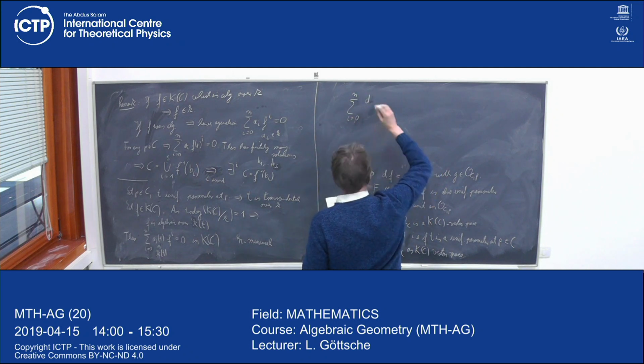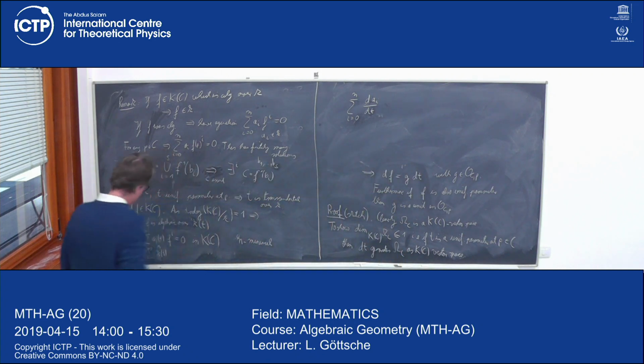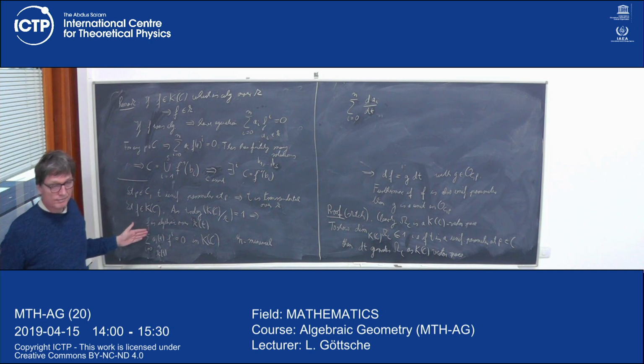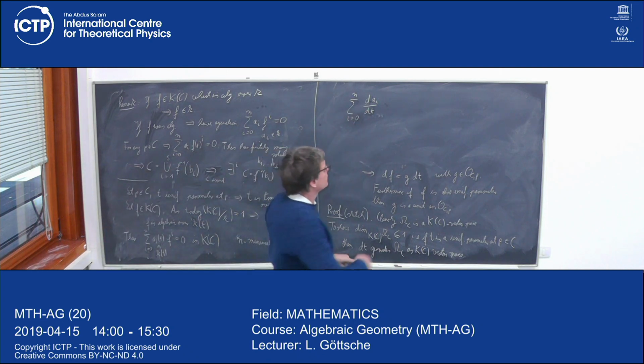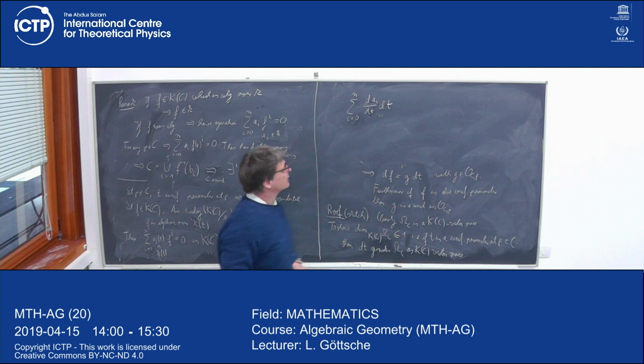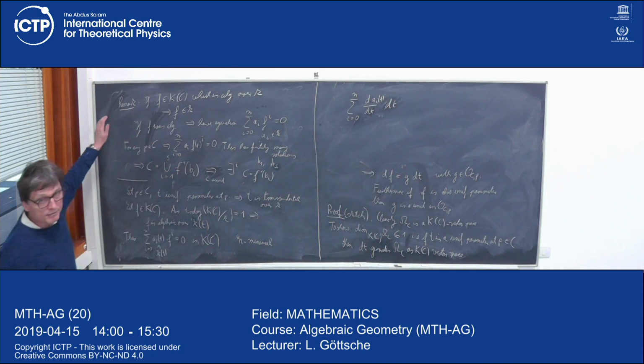The d of ai(t) by dt, how should I put it? You see here we know this also extends to rational functions. I claim what I get here is that I just take the derivative of this. So this is a rational function in T. It's a small extension of the lemma we had before, of the exercise.